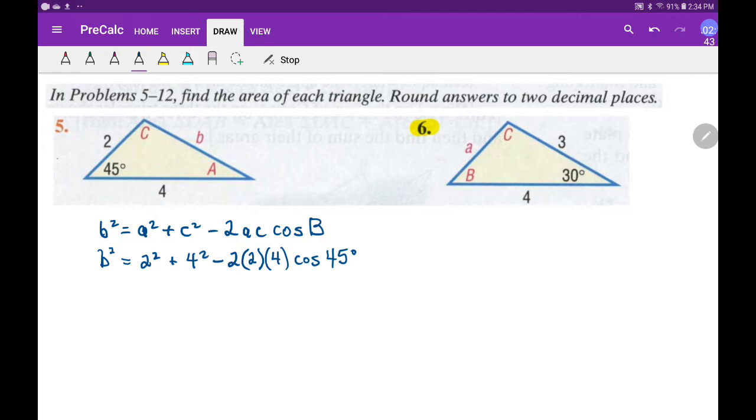So we have 4 plus 16 minus 16 times the cosine of 45. So let's do that. 45 cosine, that's your 0.707, square root of 2 over 2, times 16, and we're subtracting that from 16, and that's 4.6, and we're adding 4 to that.